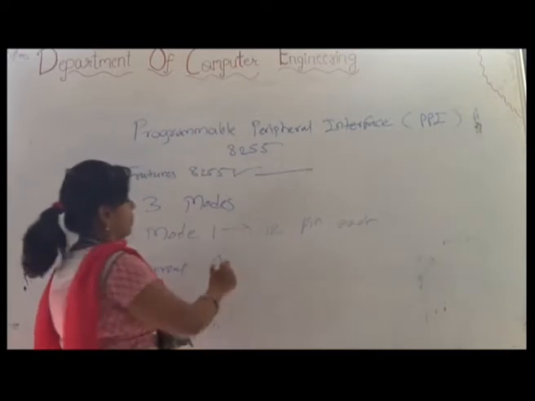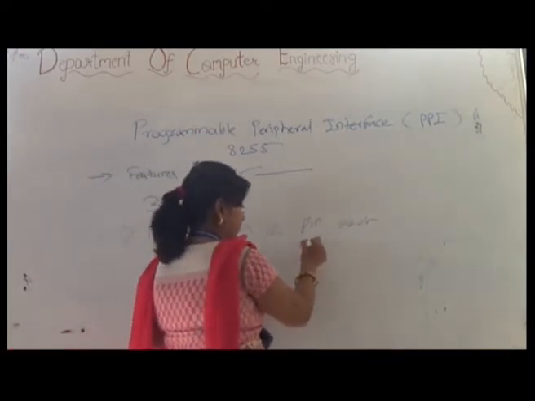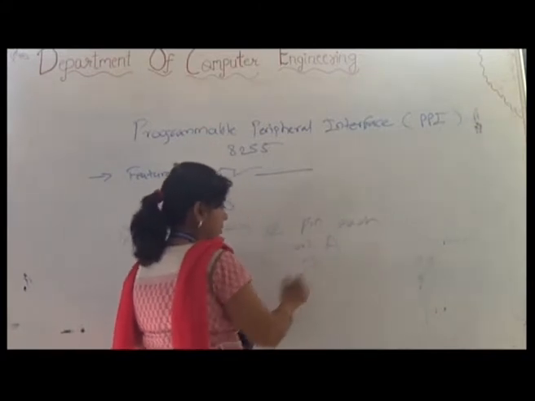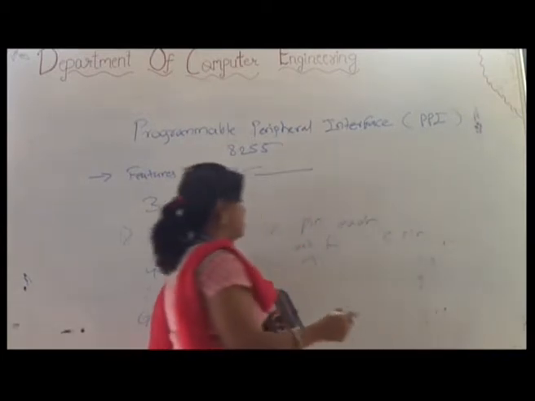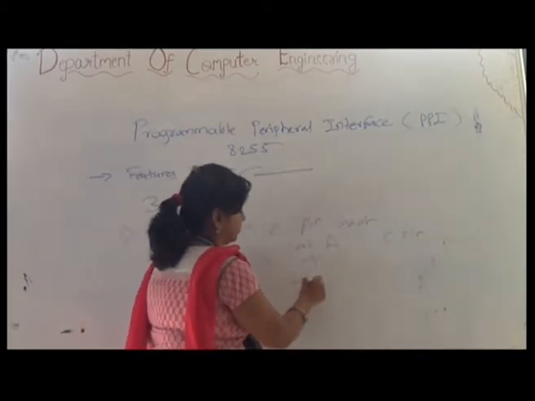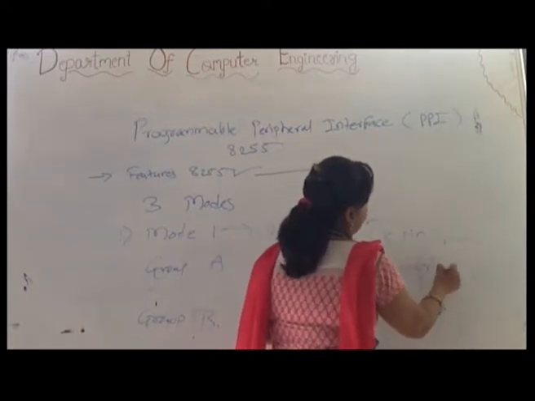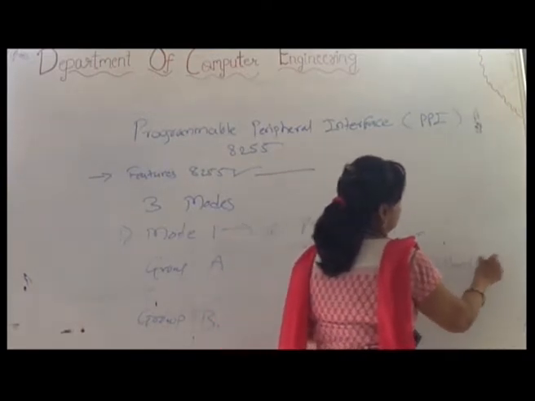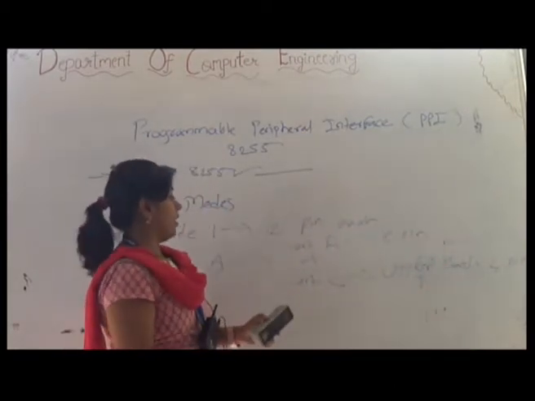Okay, group A contains port A, 8 pins, plus the upper half of port C. Upper half means 4 pins.